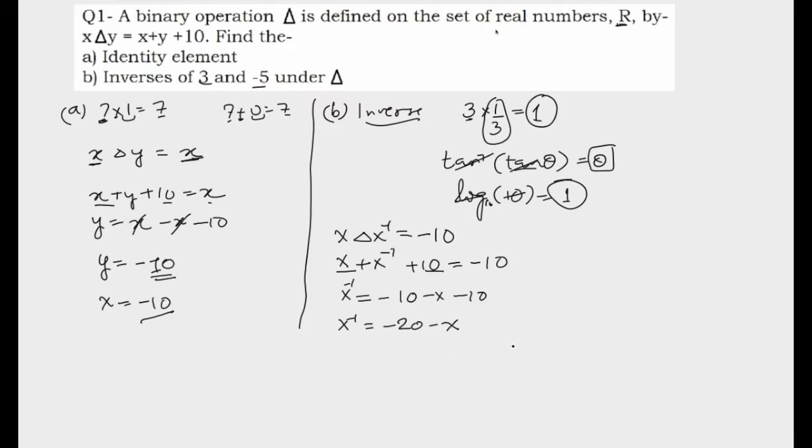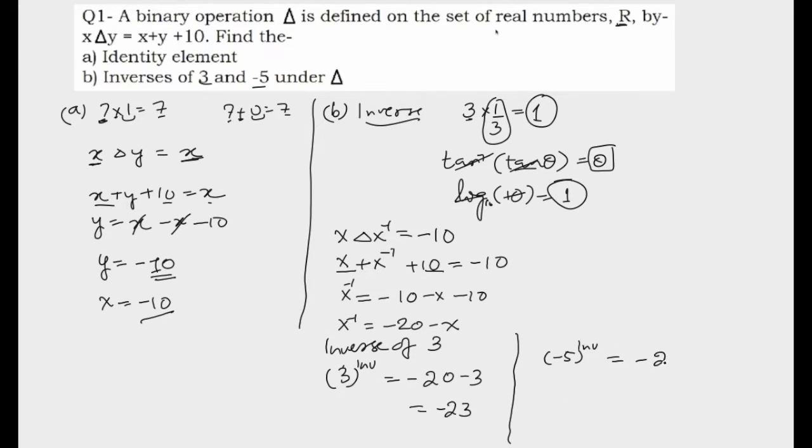Now we can find the inverses. The inverse of 3, not 3 to the power minus 1, which will give us the wrong answer, is minus 20 minus 3, so minus 23. Similarly, the inverse of negative 5 will be negative 20 minus negative 5, and that comes out to be negative 15.